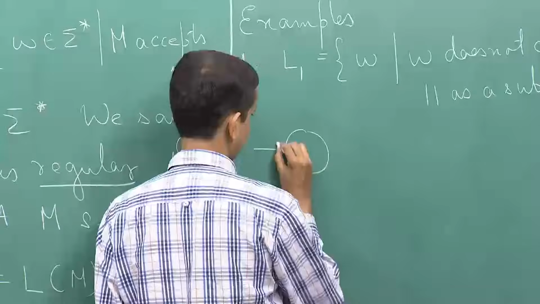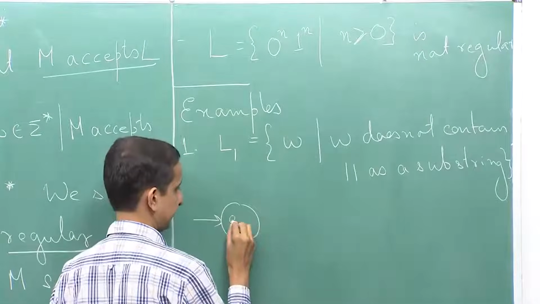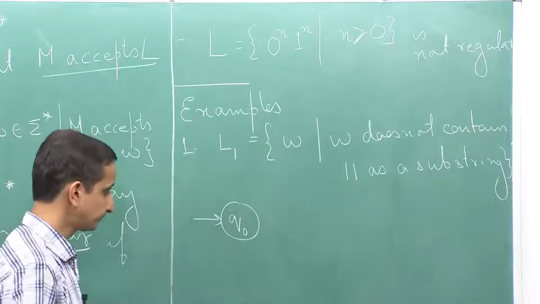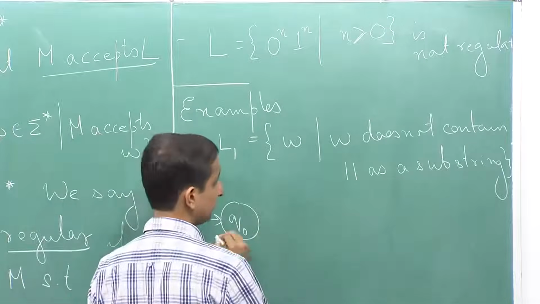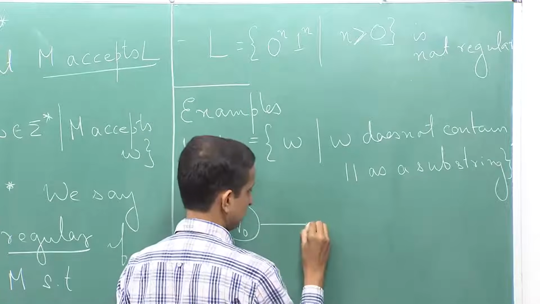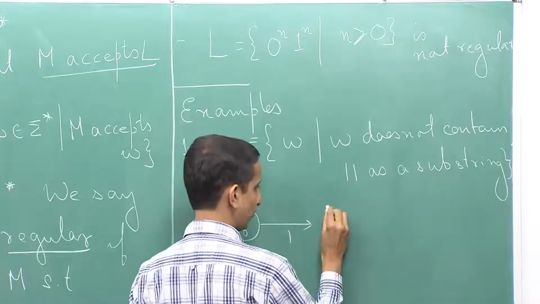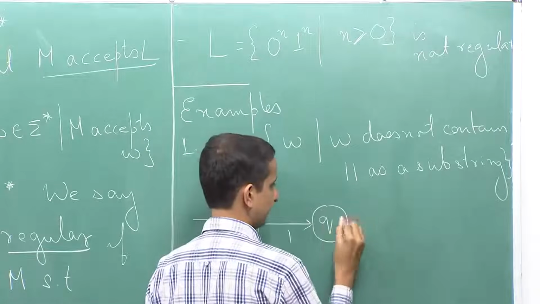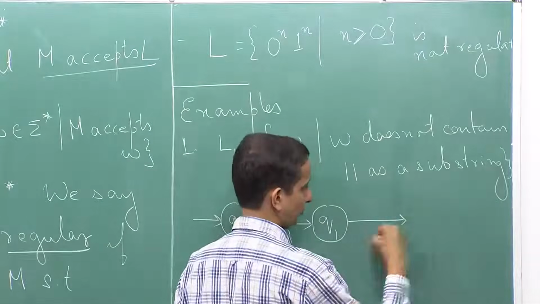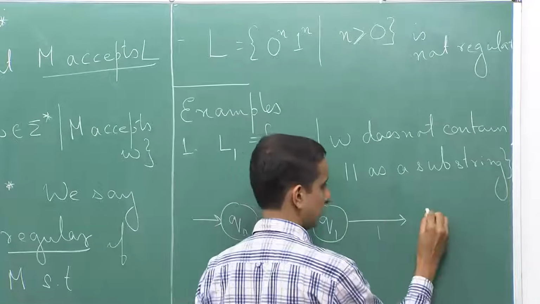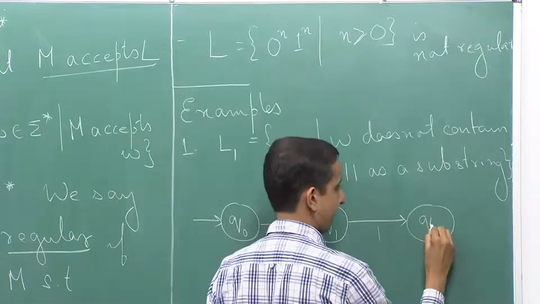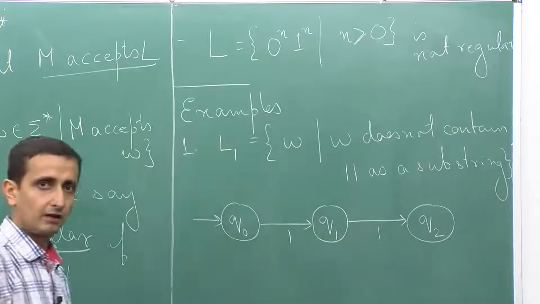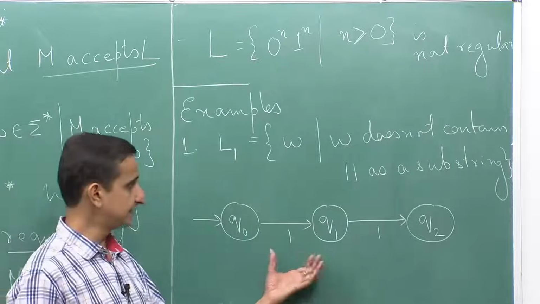We start at a state Q0. If I see a single one, I go to a state Q1, and if I see two successive ones, I go to the state Q2. Now what do these states mean?